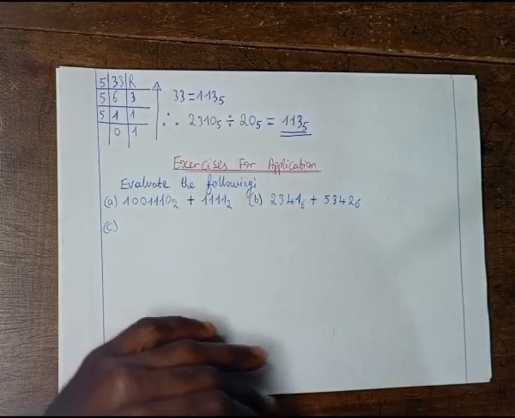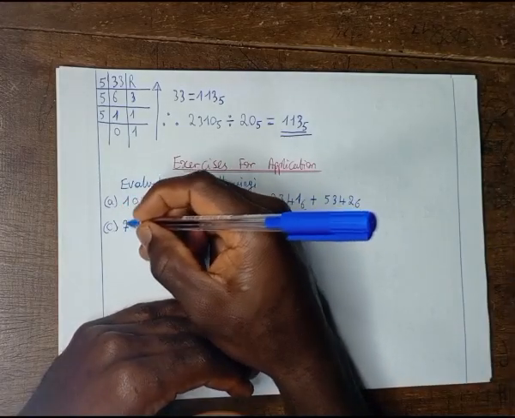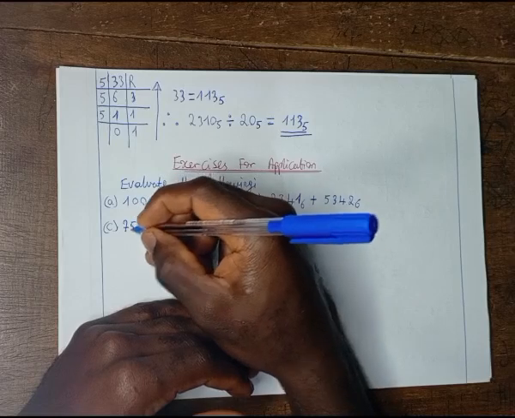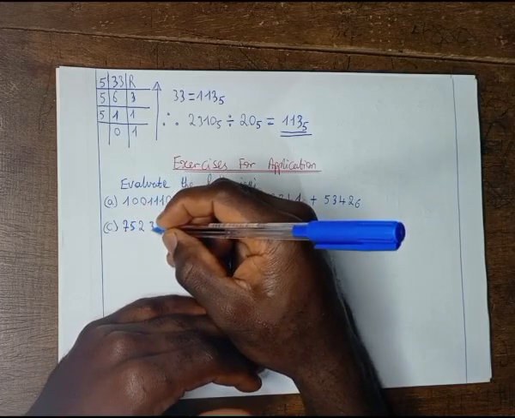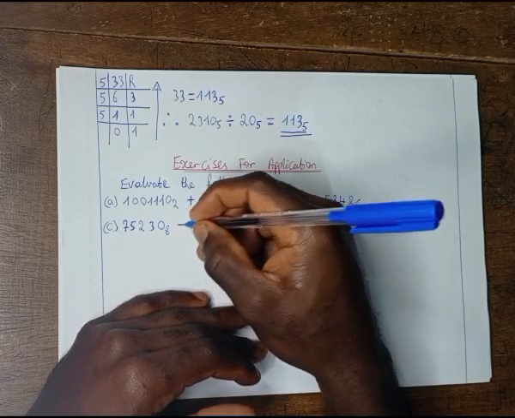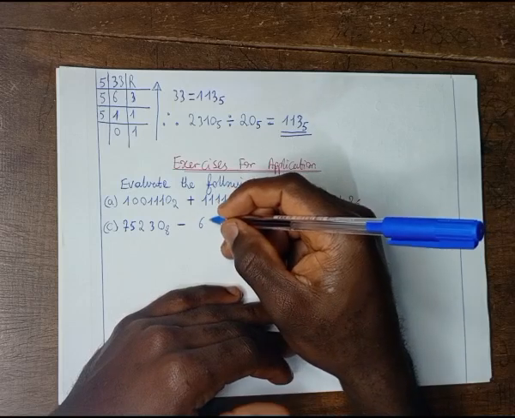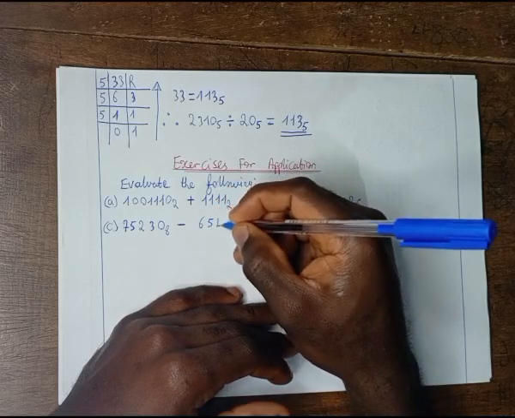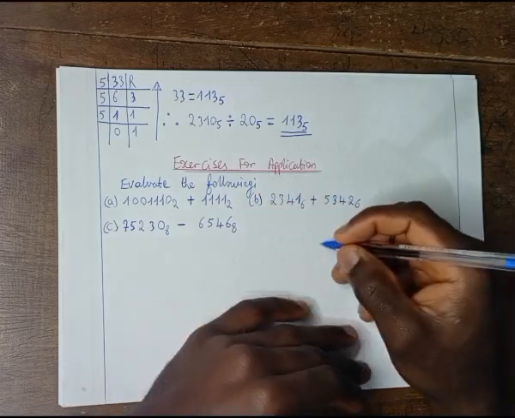For C, we have 7 5 2 3 0 in base 8 minus 6 5 4 6 in base 8.